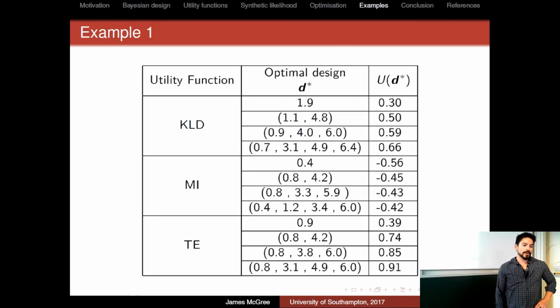Right. So it's not the same utility. So in the first four utilities there for the KLD, this is the log of the posterior model probability, so it's always going to be negative, and this is the total entropy. So we didn't evaluate all designs under one utility. There are three utilities there.